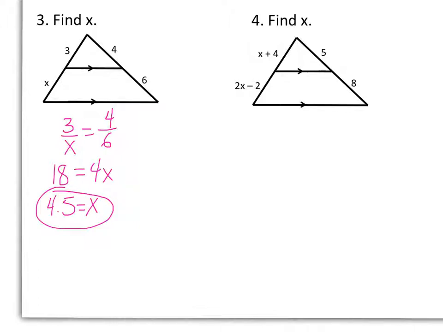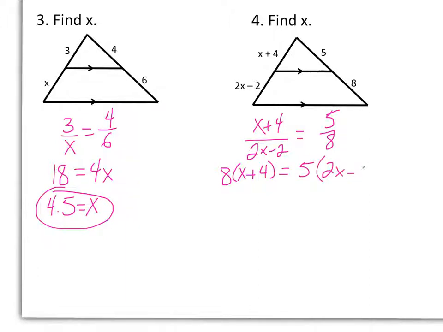In number 4, I can say x plus 4 over 2x minus 2 equals 5 over 8. Cross product here, so 8 times x plus 4 equals 5 times 2x minus 2.